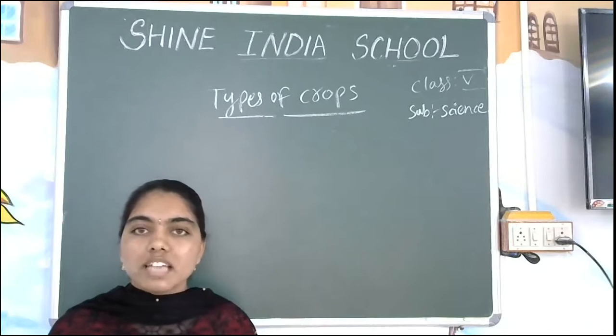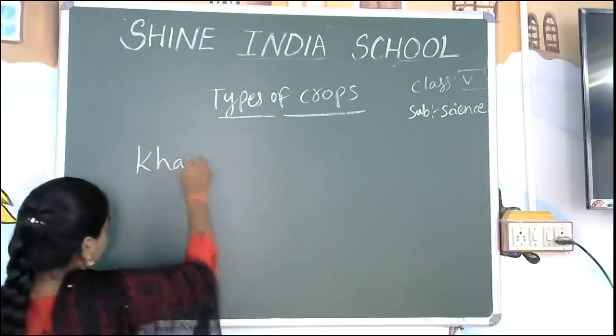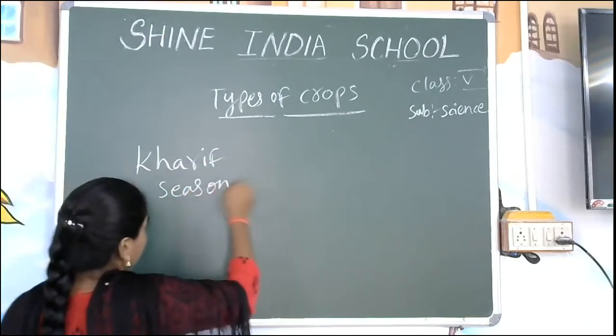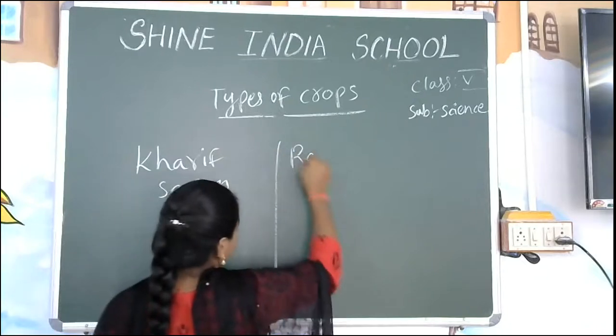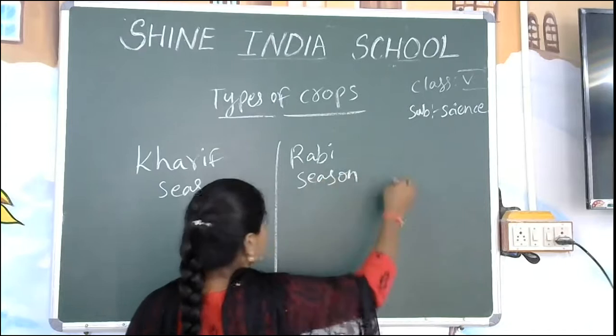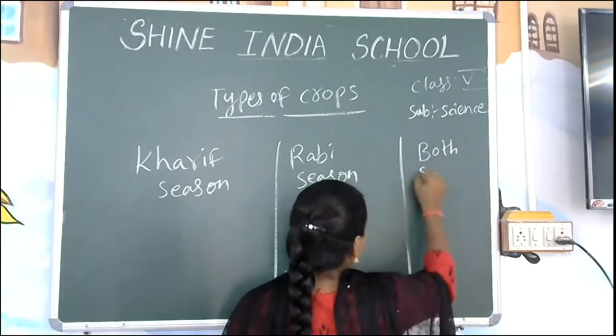What types of seasons are there mainly for us? Yes, the Kharif season, and the next one is the Rabi season. Some of the plants will grow in both seasons.